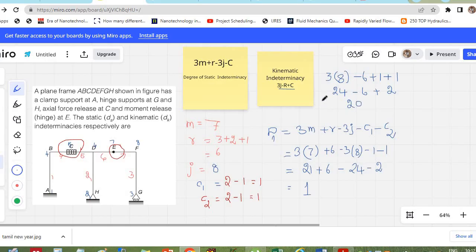So 20 is the degree of kinematic indeterminacy. So this is for extensible members.